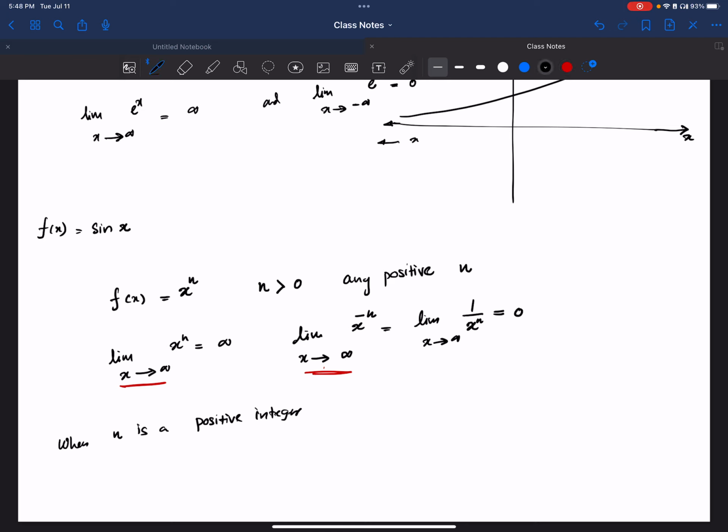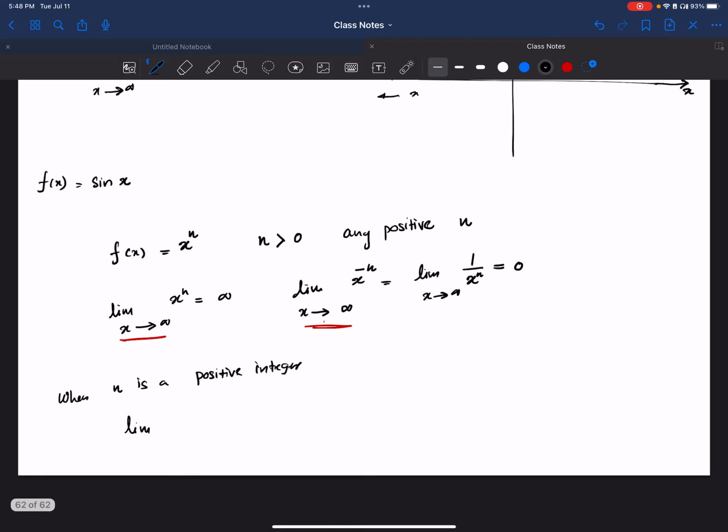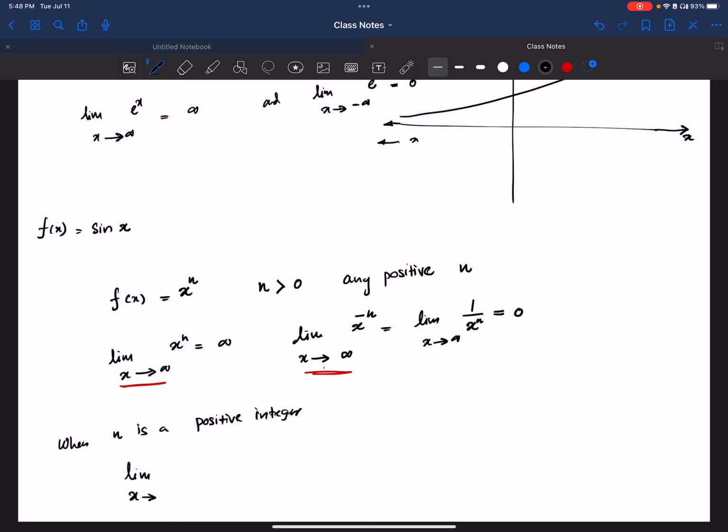If n is a positive integer, the limit as x goes to negative infinity of x to the power n goes to positive infinity if n is even, and it goes to negative infinity if n is odd.